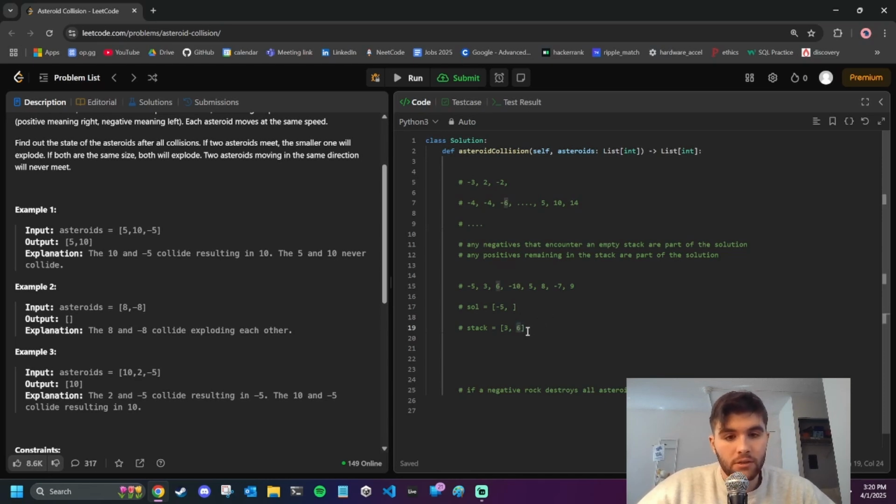So I guess we check, is it bigger than the top of the stack? If it is bigger than the top of the stack, delete the top of the stack, and then repeat. So is it bigger than the top of the stack? Yes. So we delete it. And now the stack is empty, so that means we add it to our solution. Okay, then we add 5 and 8.